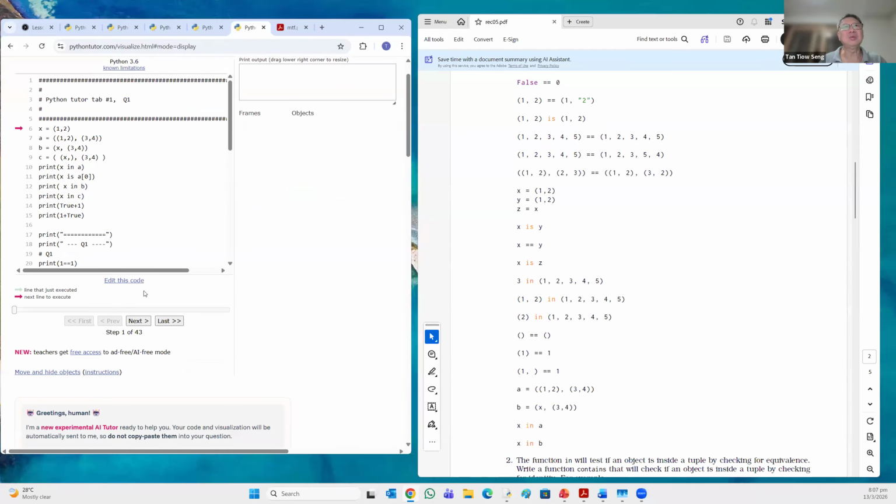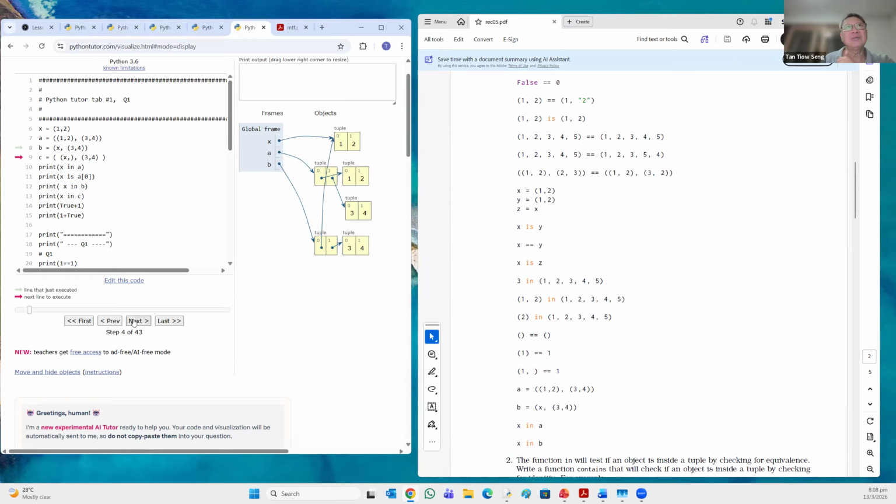If this is Python 3.6, you see this is a tuple, and this A is another tuple, and this and this tuple are different. So for this question, somehow this makes a difference. We'll see. B is X. Because X is this guy, B is this guy. And this 3, 4 and this 3, 4 are different because it's under Python 3.6.